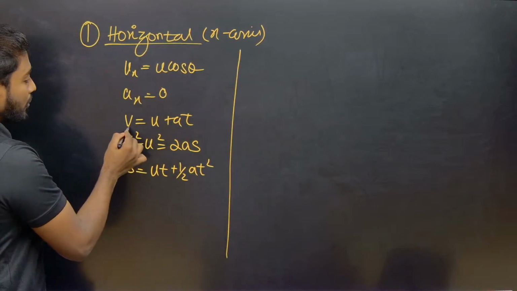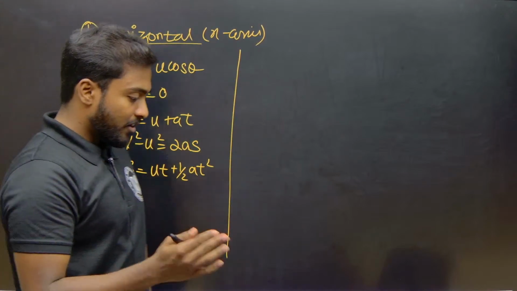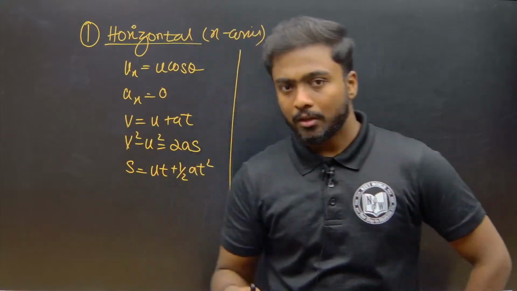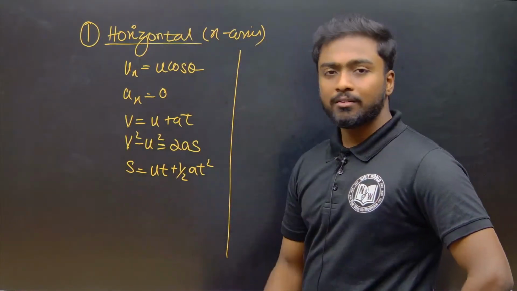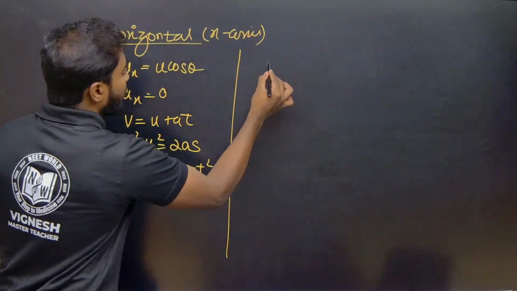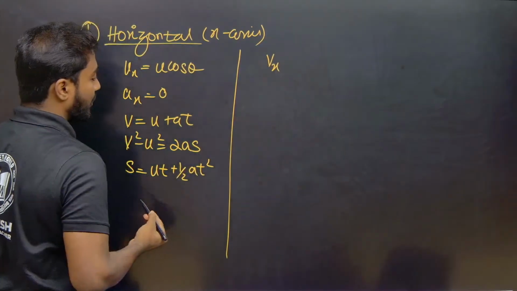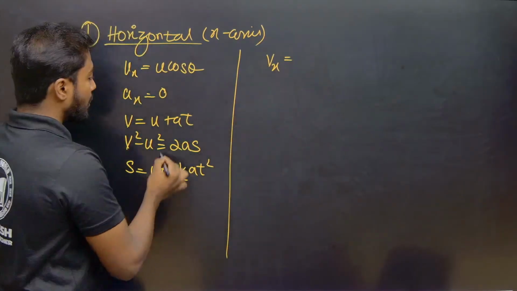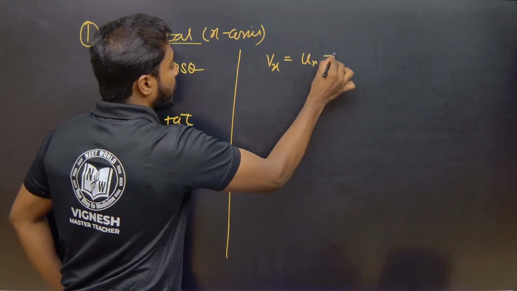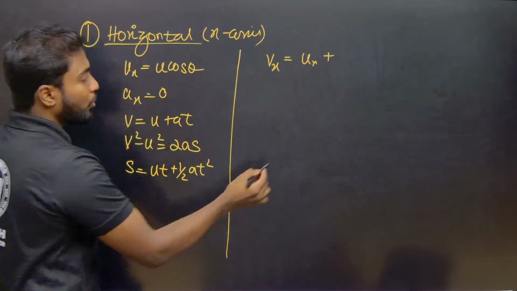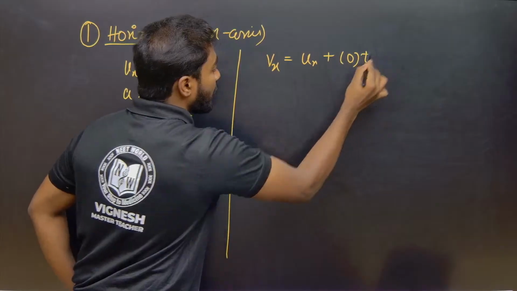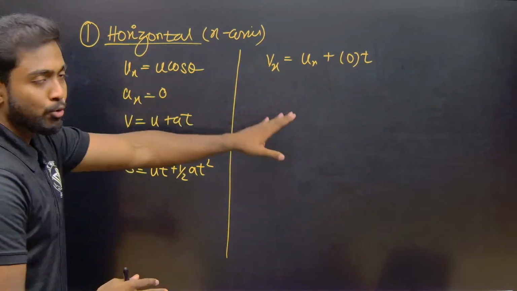Now this is vx, the final velocity, and initial is u. So vx equals ux plus ax times t, where ax is 0, so 0 into t.